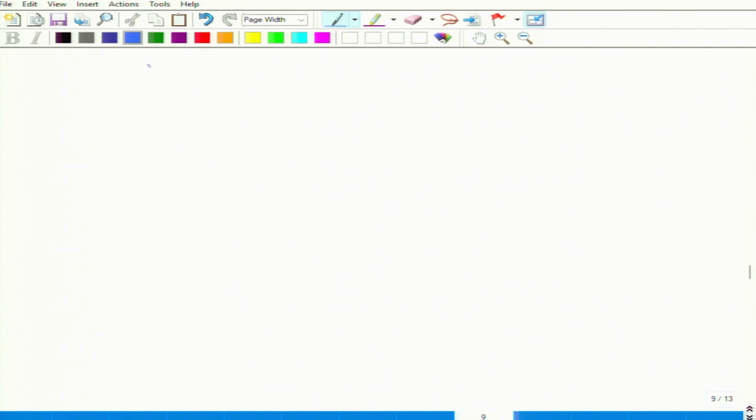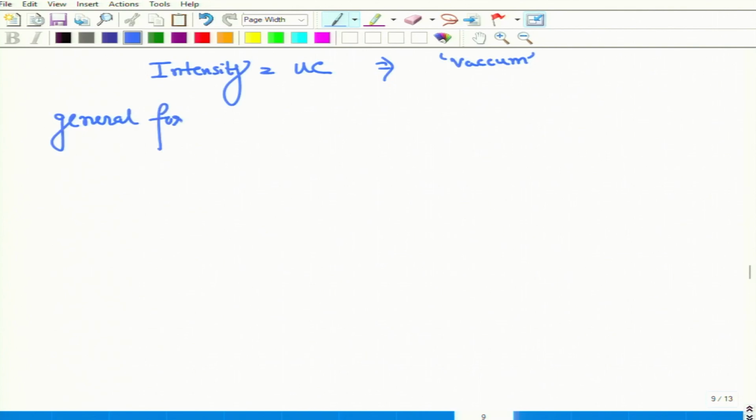Let me write what was the formula of intensity. If we summarize it, it will be u times c. But we should keep in mind that this definition is valid only for free space, vacuum. In free space only the speed of light is c, but in general I is equal to u times v, where v is the velocity of the electromagnetic waves.